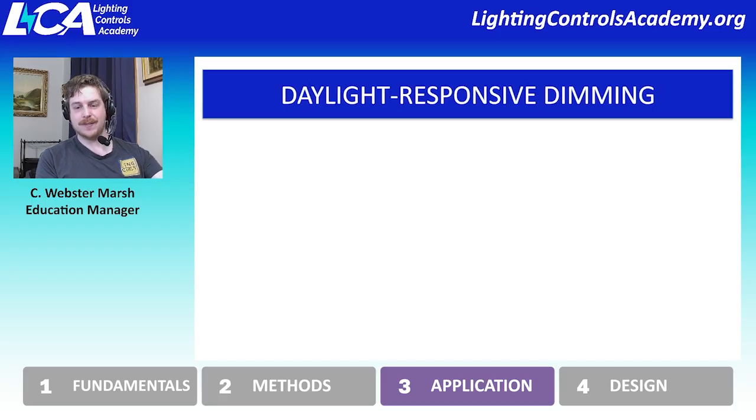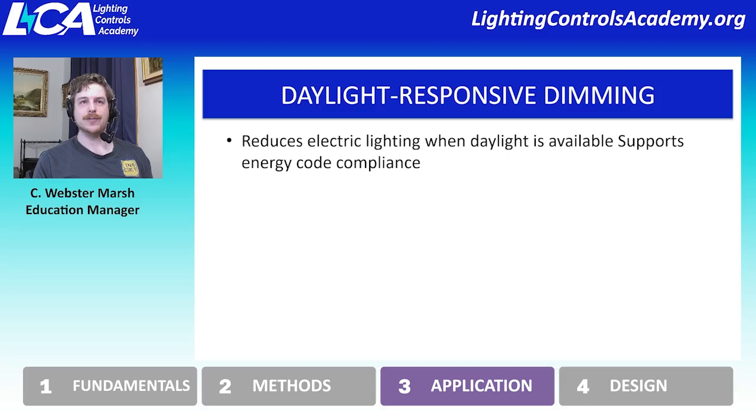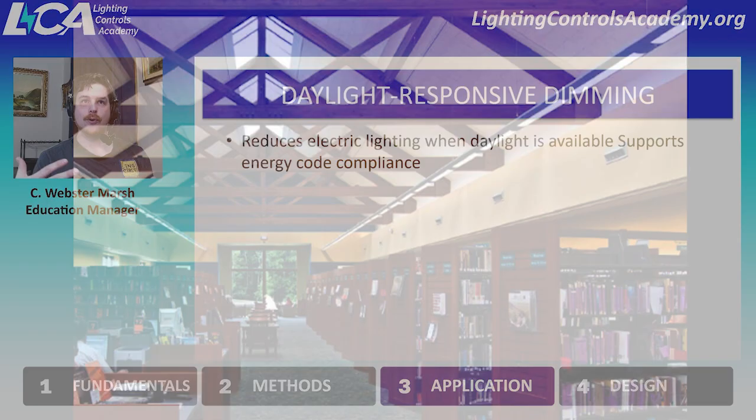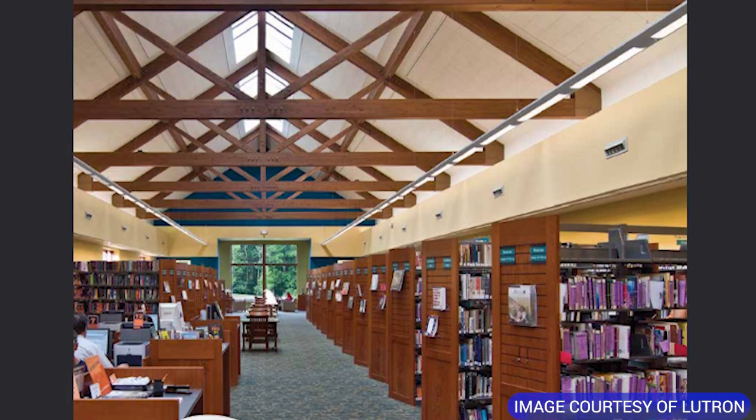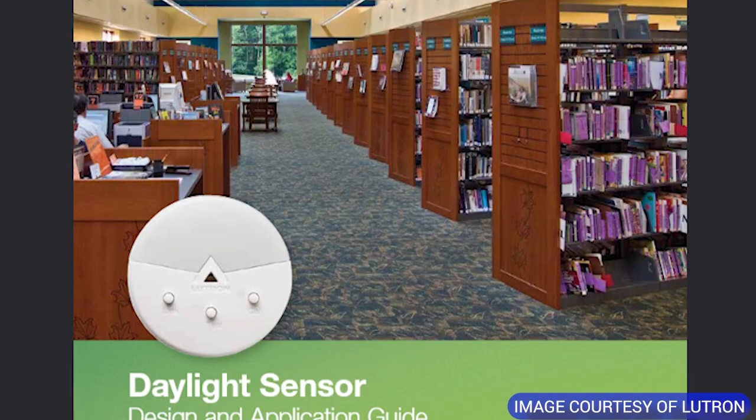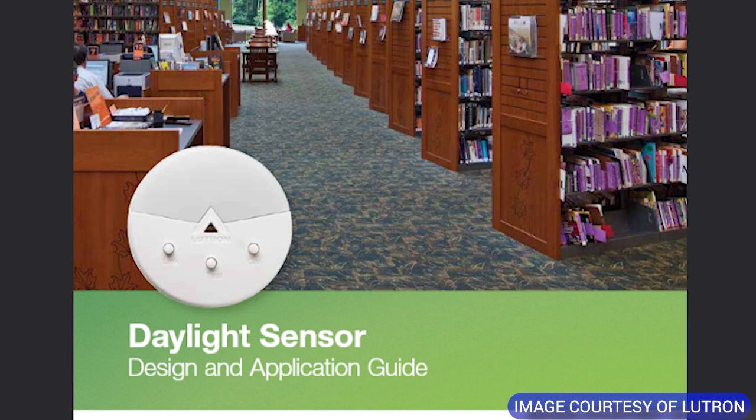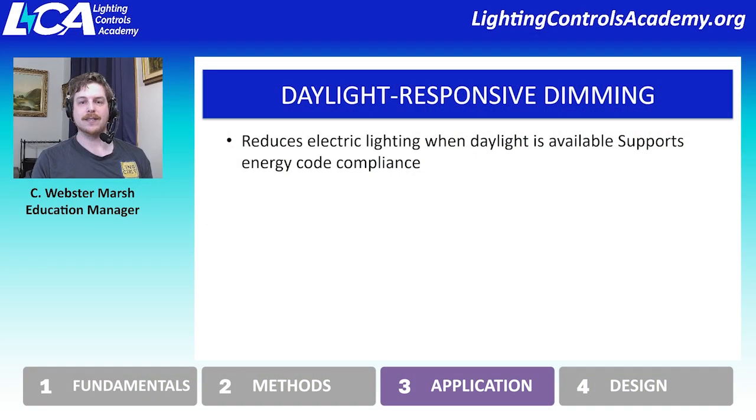So daylight responsive dimming. This is where we're reducing the electric lighting when there's available daylight, and it supports energy code compliance. If daylight's coming in through the window, we don't want artificial light on just because it's been left on. If there's enough natural daylight coming through the window, we don't need those fixtures on at full output, so we adjust the intensity.